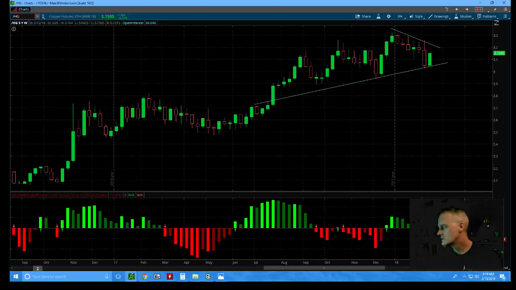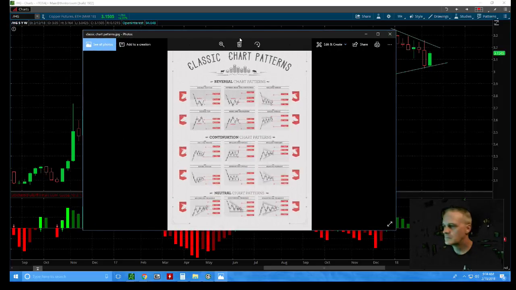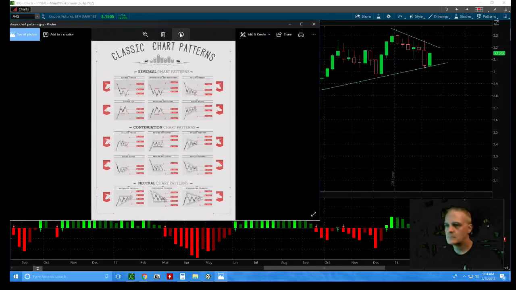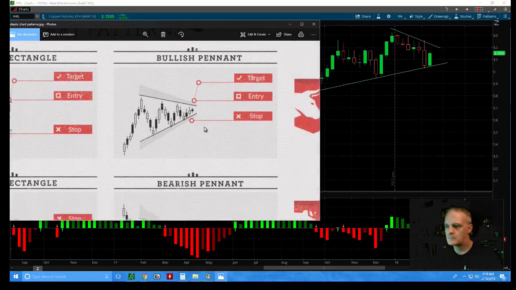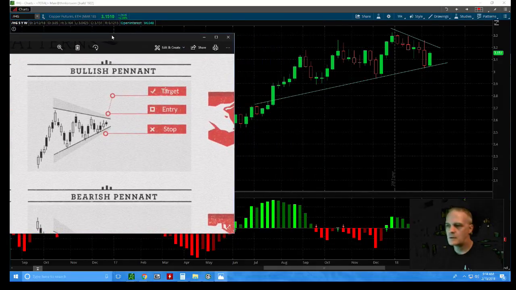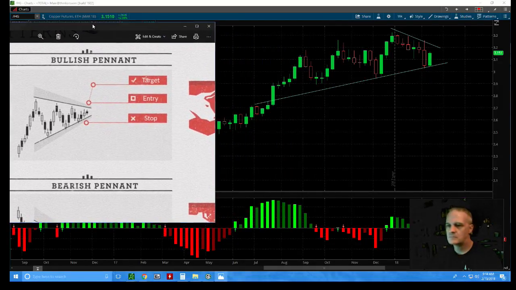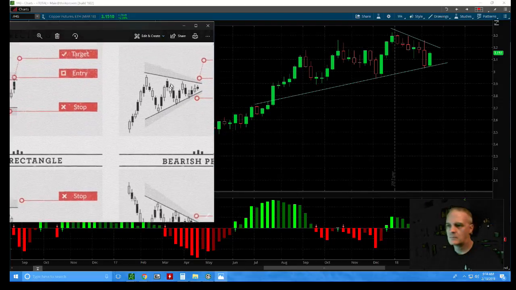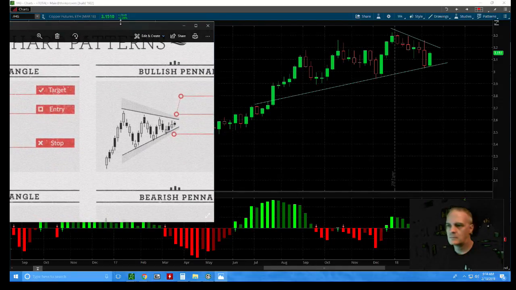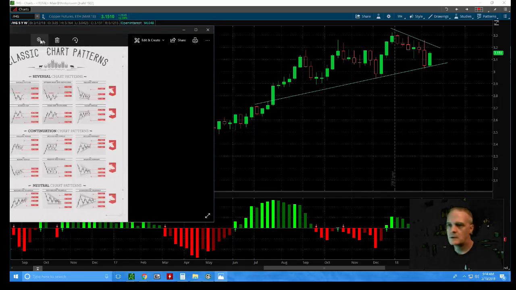See, that would look more like a bullish pennant. What would it mean to do that?